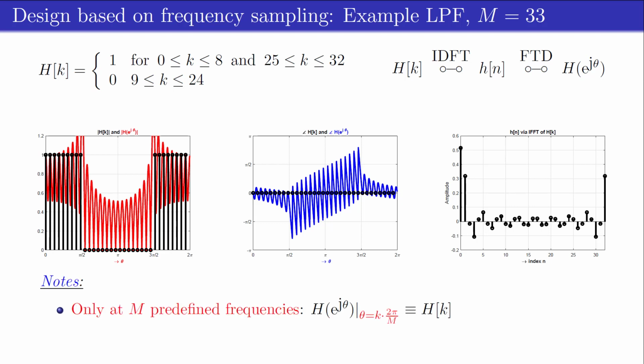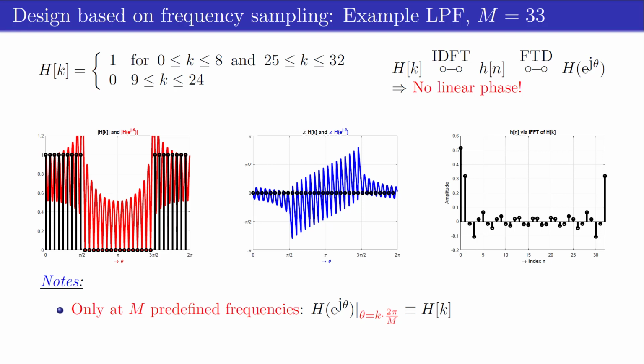From these figures it's clear that the frequency response H(e^jθ) of the designed filter only equals the predefined values H[k] at the M is 33 uniformly spaced frequencies between θ is 0 and θ is 2π. Furthermore, it can be seen from the phase response in blue that the filter is not a linear phase filter.